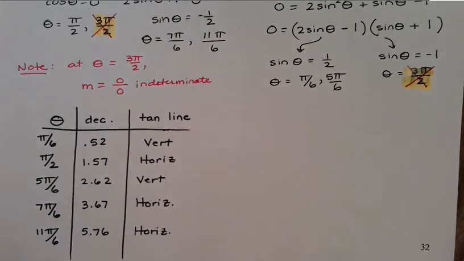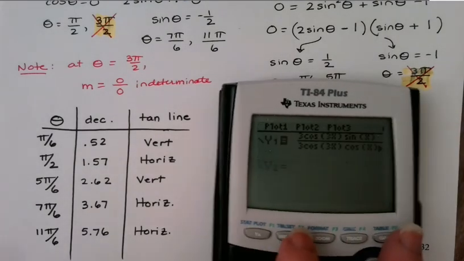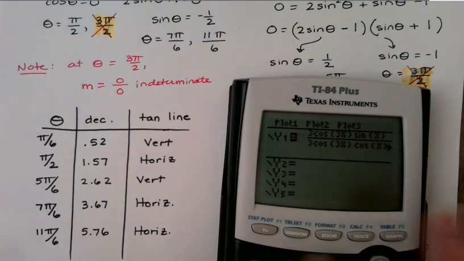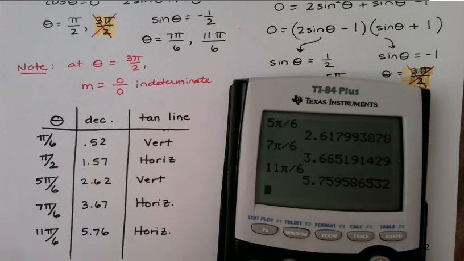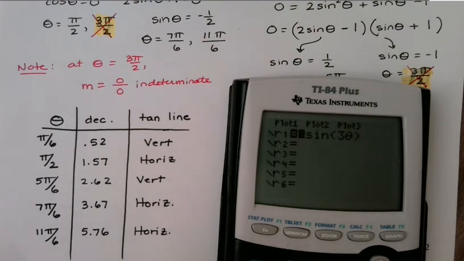All right, let's take a look. Oh, I'm back in function mode. Sorry, let's go to polar mode. I wanted to look at the function 2 plus 2 sine theta, and we should be seeing a cardioid.